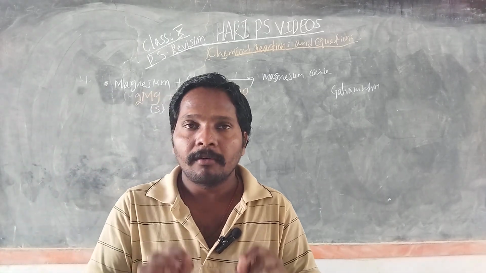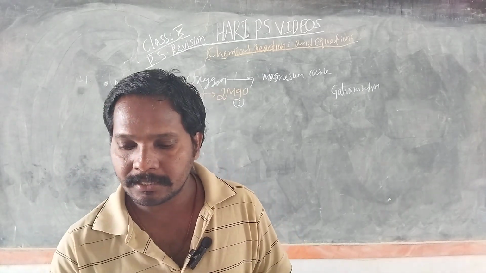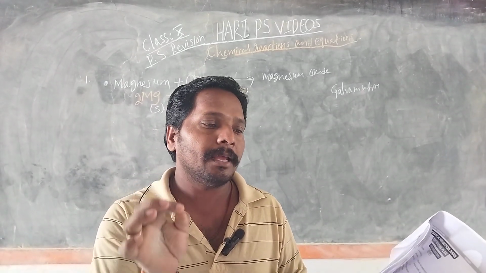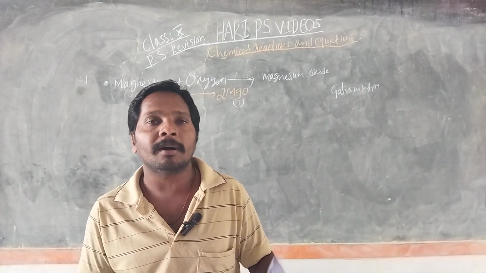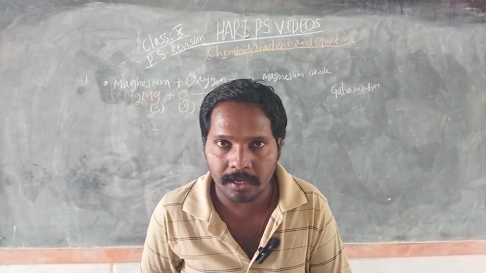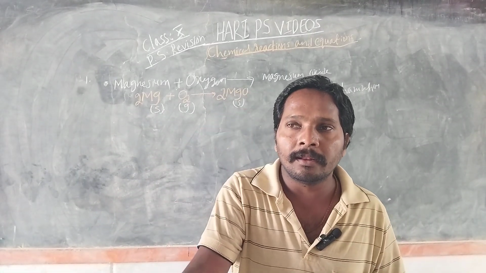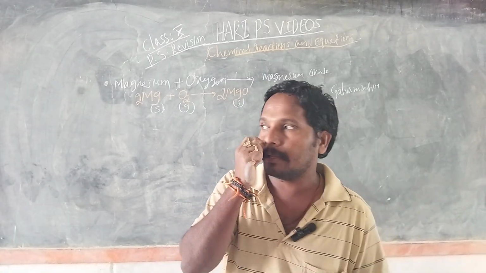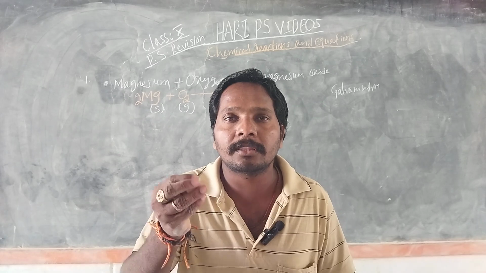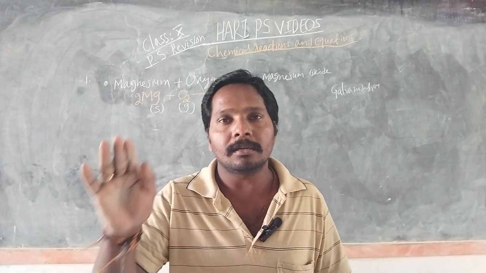What happens when an iron nail is exposed in air or atmosphere? It forms rust because iron undergoes aerial oxidation, reacts with oxygen and forms rust.